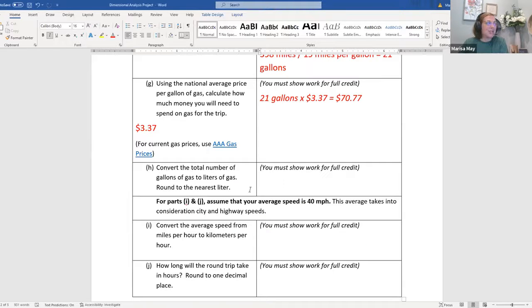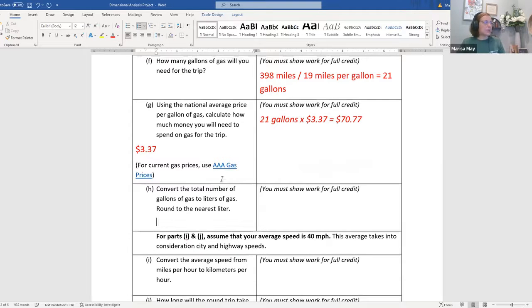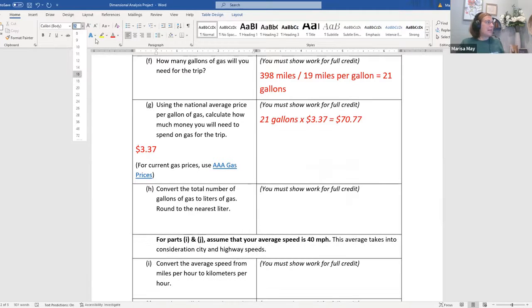For part H, we want to take the total number of gallons of gas, which for me is in part F. So I got 21 gallons, and we want to convert that to the nearest liter. So when we worked on Monday, our conversion was that 1 gallon was 3.78 liters.